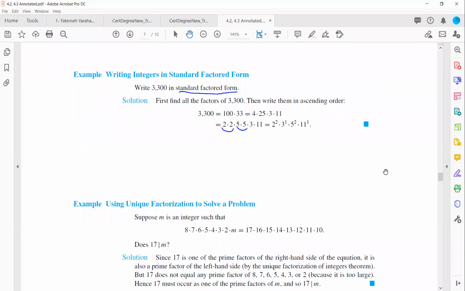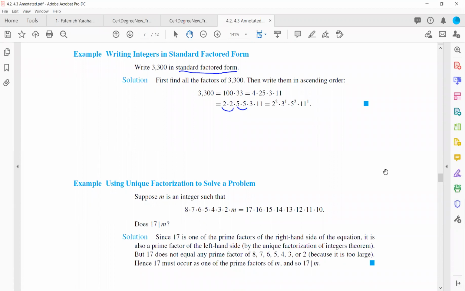Very well, using unique factorization to solve the problem. Suppose m is an integer and 8 times 7 times 6 times 5 times 4 times 3 times 2 times m is equal to 17 times 16 times 15 up to 10.